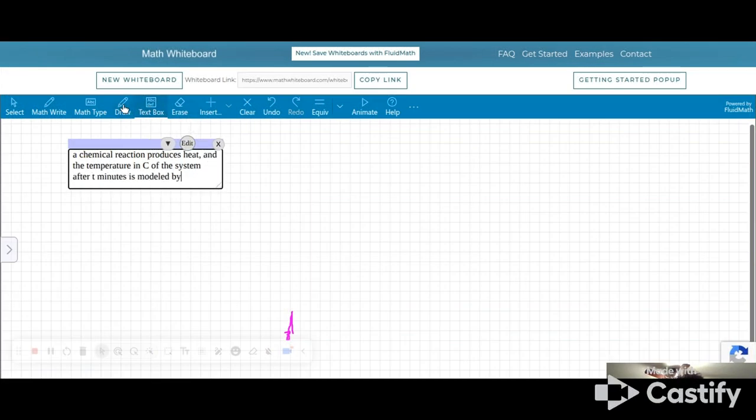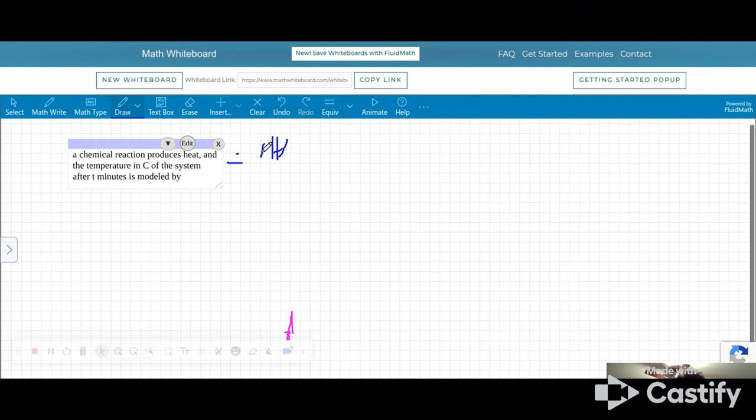A chemical reaction produces heat, and the temperature of the system after t minutes is modeled by T of t is equal to 5 ln of t plus 2, plus 3. So step 1, we're going to have to find an inverse.